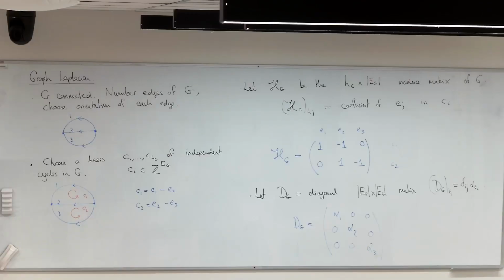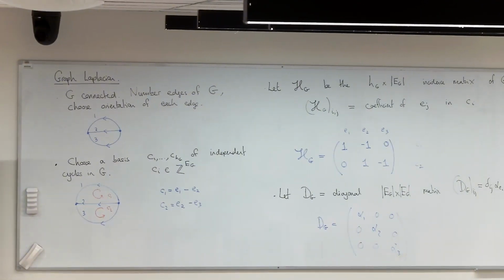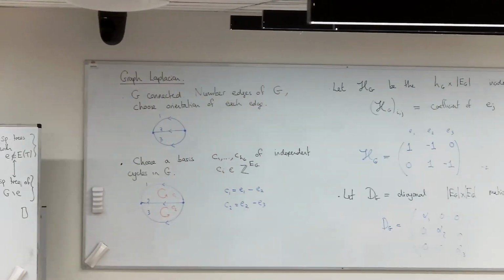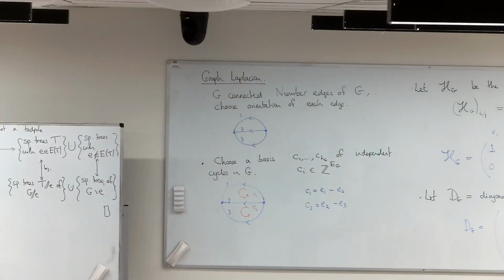So finally, then we say a graph Laplacian matrix, because it depends on choices. It's not unique. If we change basis, we get a different matrix.